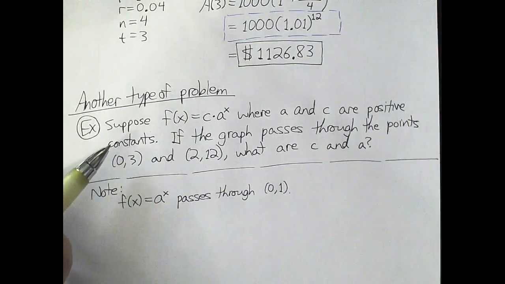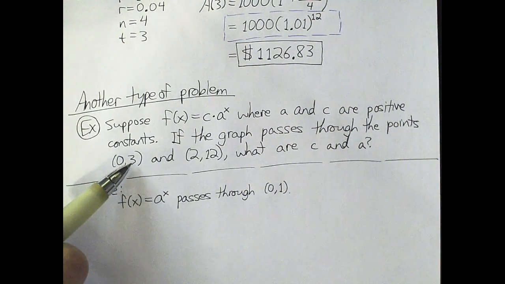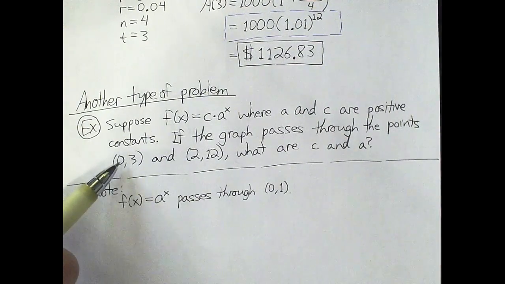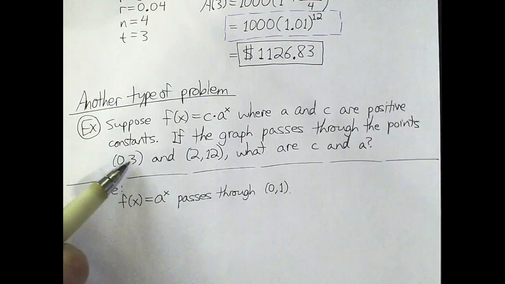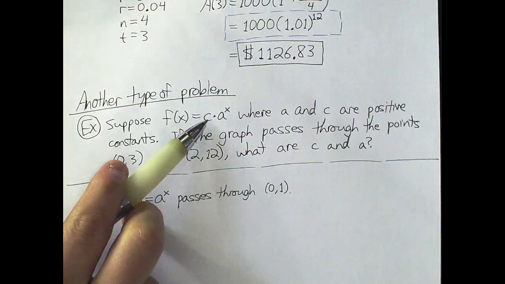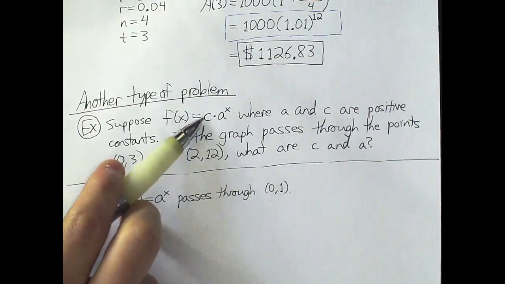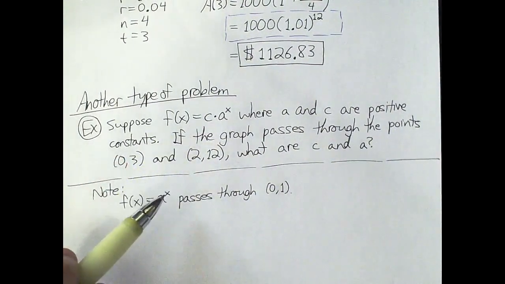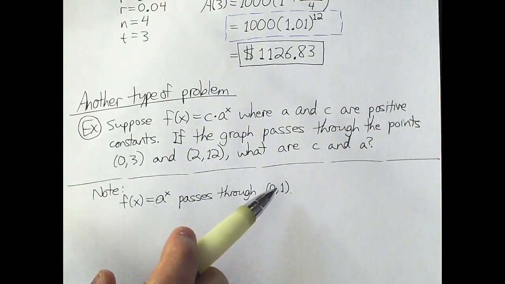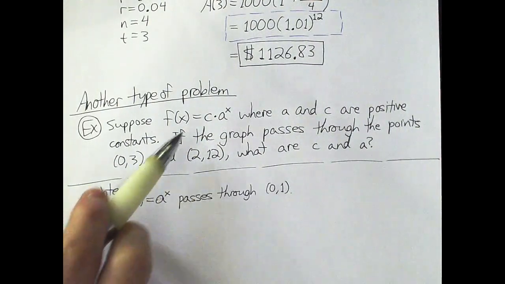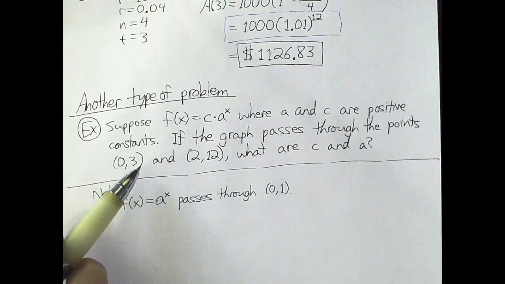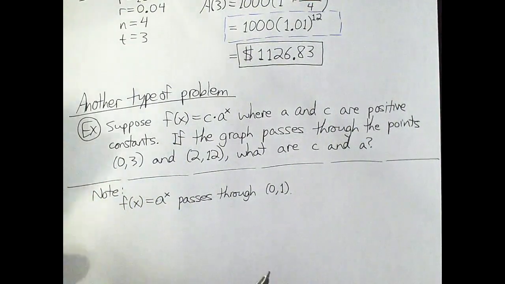Well, I notice in this problem that it has a y-intercept of 3. So instead of passing through 0, 1, this is passing through 0, 3. That must have something to do with the c out front, because no matter what a is, we would expect a y-intercept of 1. It's c that's making us pass through a y-intercept of 3.